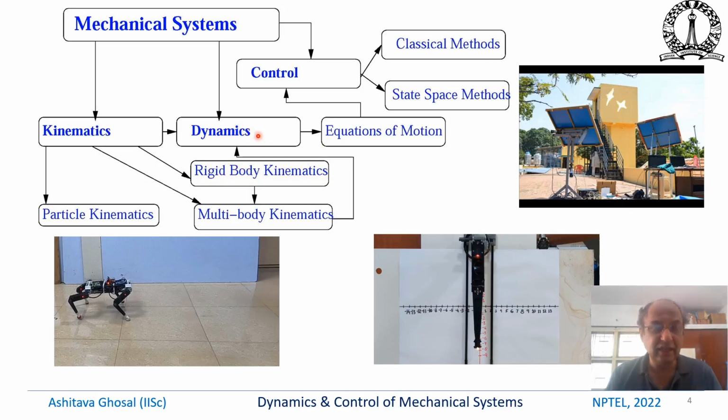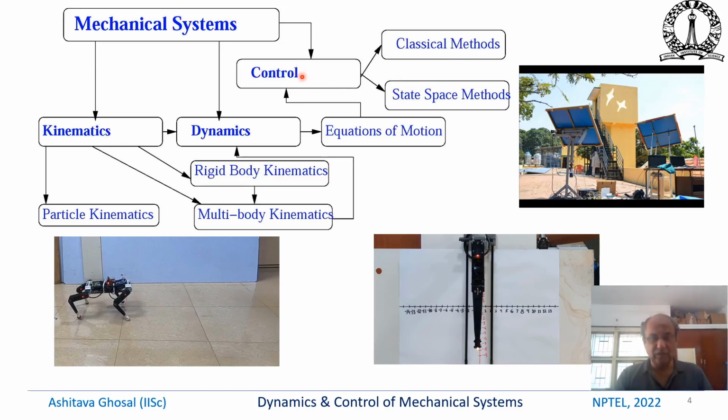And the goal in dynamics is to derive the equations of motion. They are ordinary differential equations most of the time, and we will deal with ordinary differential equations. A natural progression from the equations of motion is control. So every mechanical system has its own inherent dynamics.